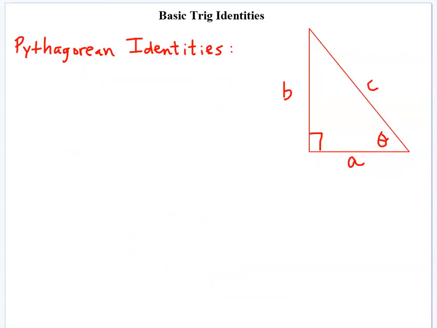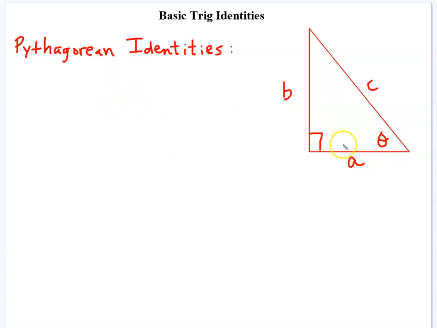And I really want to get to this new set of identities called the Pythagorean identities. And I'm interested in you being able to derive these Pythagorean identities and look at how you can come up with other, what I call spin-offs, of these three main Pythagorean identities.